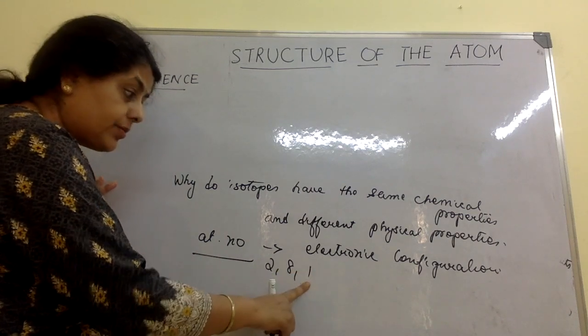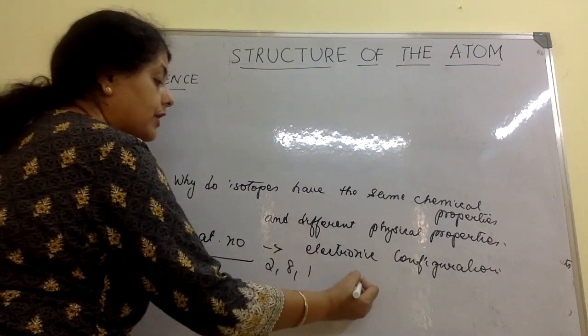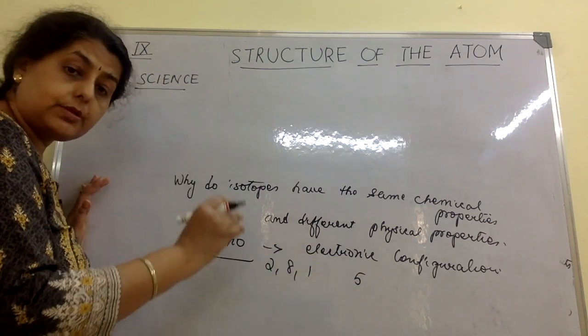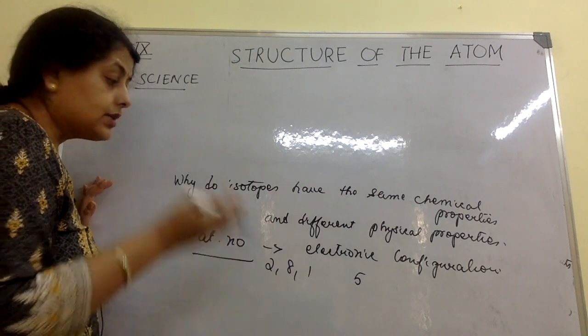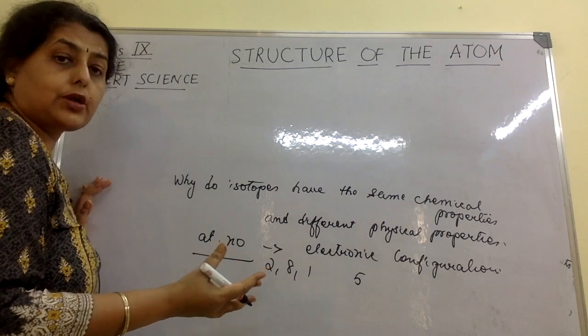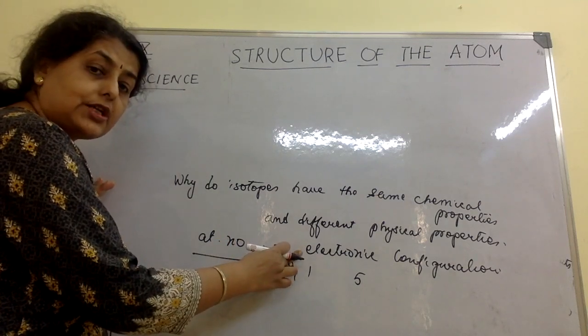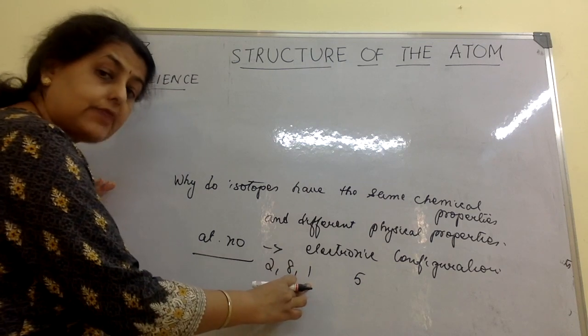If the last orbit has 1, its valency will be 1. If the last orbit has 5, valency will be 3. So like that. Now, chemical properties of any element depend on its electronic configuration, which gives us the valency.